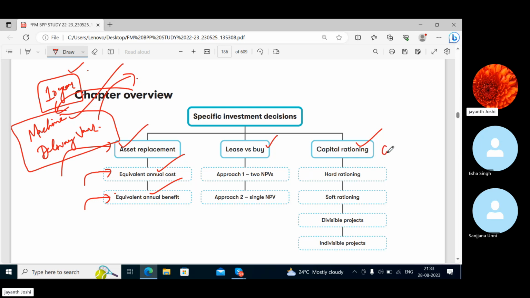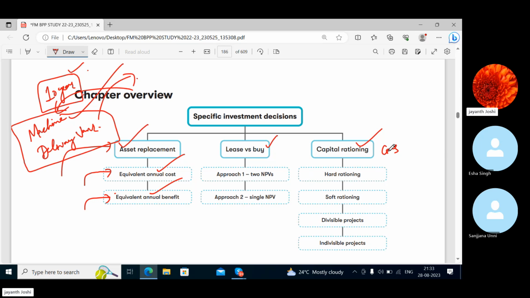Constraints are nothing but bottleneck resources. Constraints mean they have a limitation of capital, and they have to use the money accordingly. They should use the money for the maximum benefit they can get out of that capital.